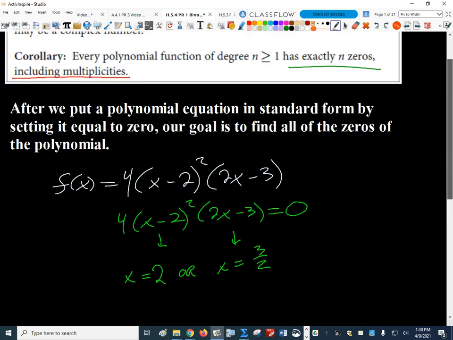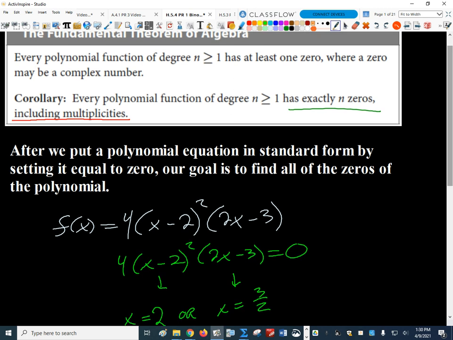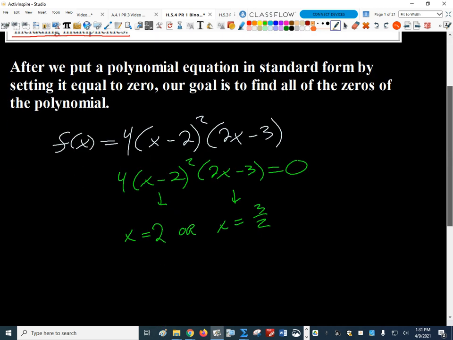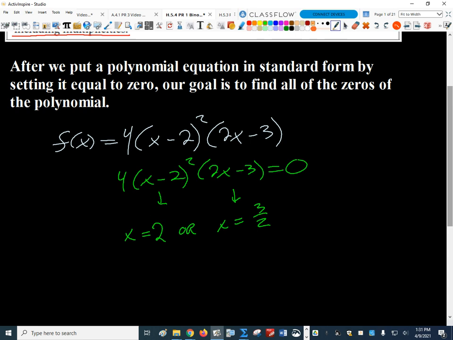Okay. Well, hold on. That doesn't seem to follow the fundamental theorem of algebra. What's the degree of this polynomial? If I were to multiply this thing out, when I FOIL that out, I'm going to get an x squared as my leading term. But when I distribute the 4, I'd get a 4x squared plus some other junk.